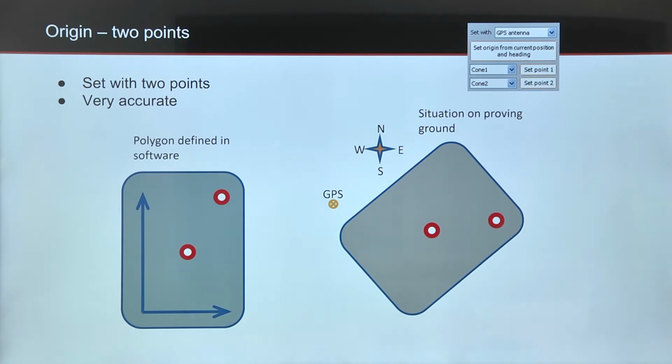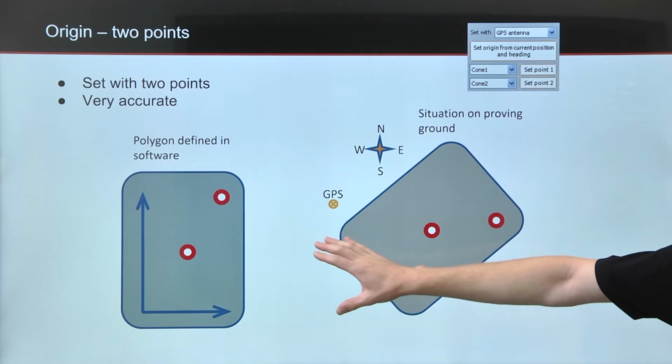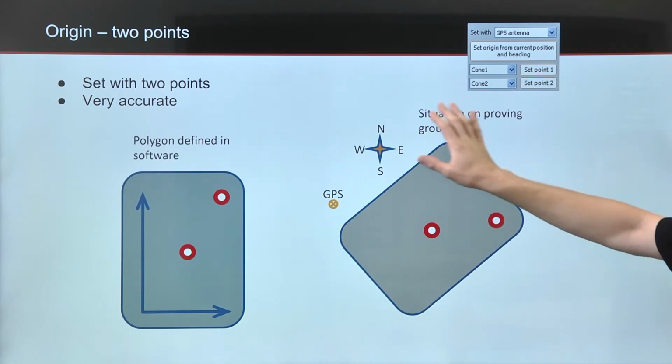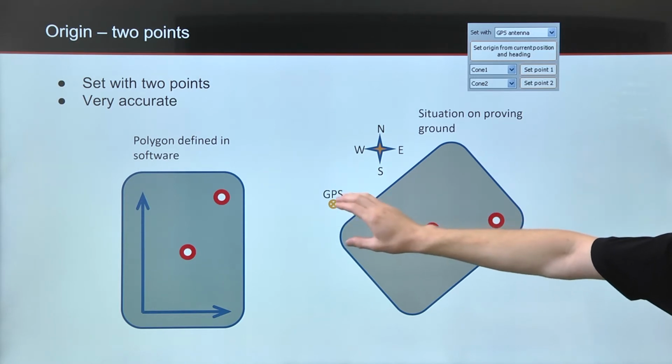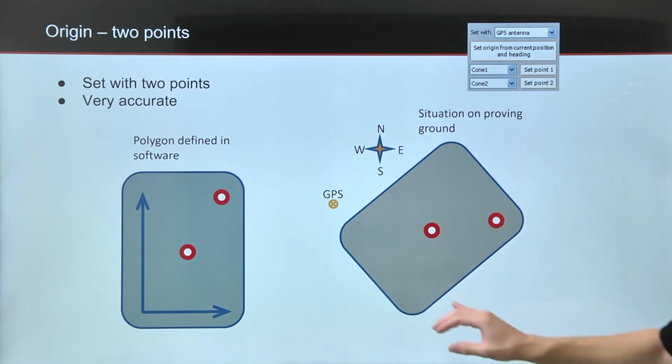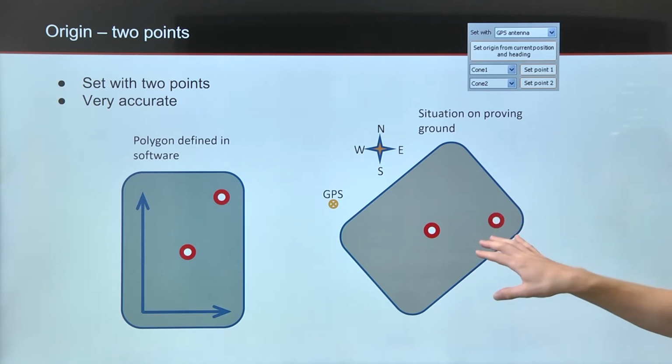Setting the origin with 2 points is very accurate, and this is the preferred way of setting up the origin. So what we can do is, basically we have first a polygon defined in software, and we have an actual proving ground where we are standing with the vehicle, with the GPS, and we have 2 cones marked at a certain place.